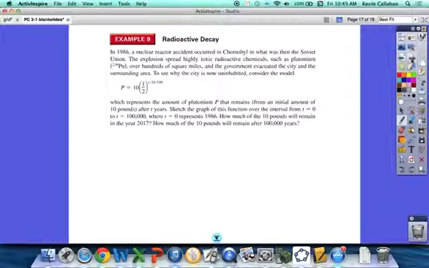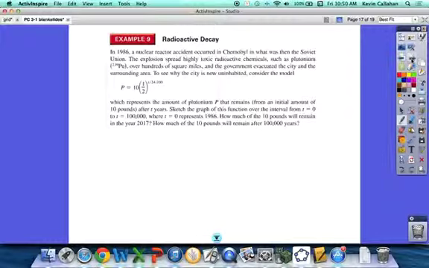To see why the city is now uninhabited, consider this model, right? Where this is the amount that's left based on the principal amount. It's 1/2, which is telling us what kind of exponential function this is, because the a is less than 1. It's a decay, and then it's being raised to the t over 24,100 power.